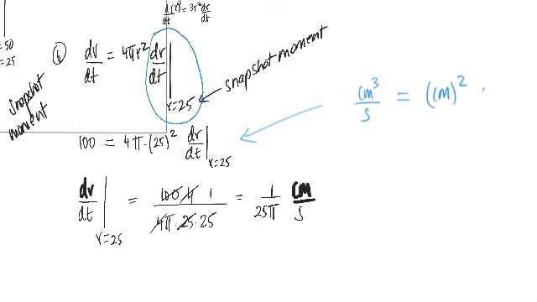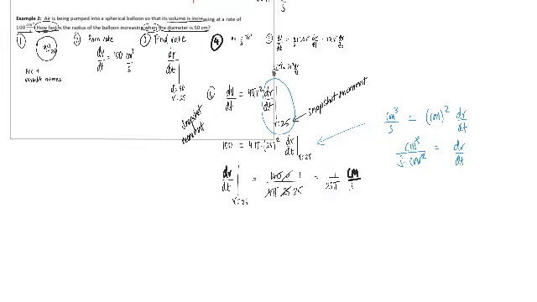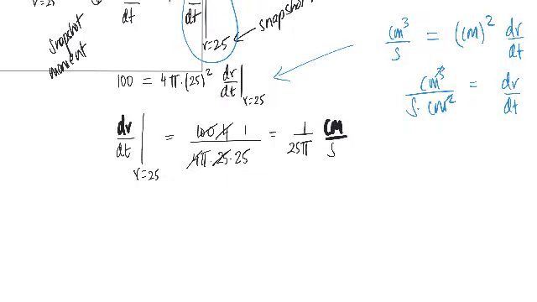So now dr/dt is going to be in units of centimeters cubed per second divided by centimeters squared. So two of these are going to cancel, and you're going to be left with centimeters per second for your final answer. That's more of a physics sort of skill, but it's good here too to always provide units for your final answer. So 1 divided by 25π centimeters per second.